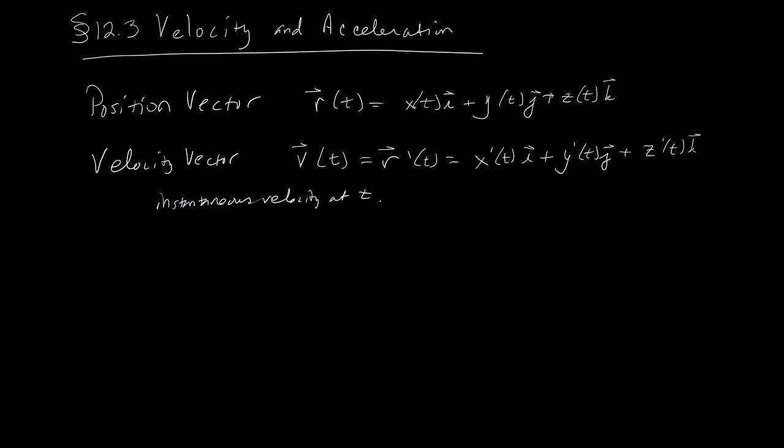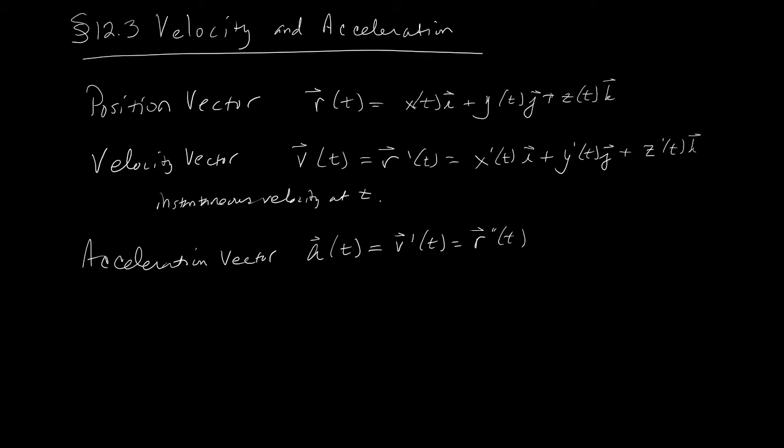All right. And the acceleration vector is, of course, the derivative of the velocity vector. So the acceleration vector, we'll call it a of t, is equal to v prime of t, which is, of course, the second derivative of r of t.